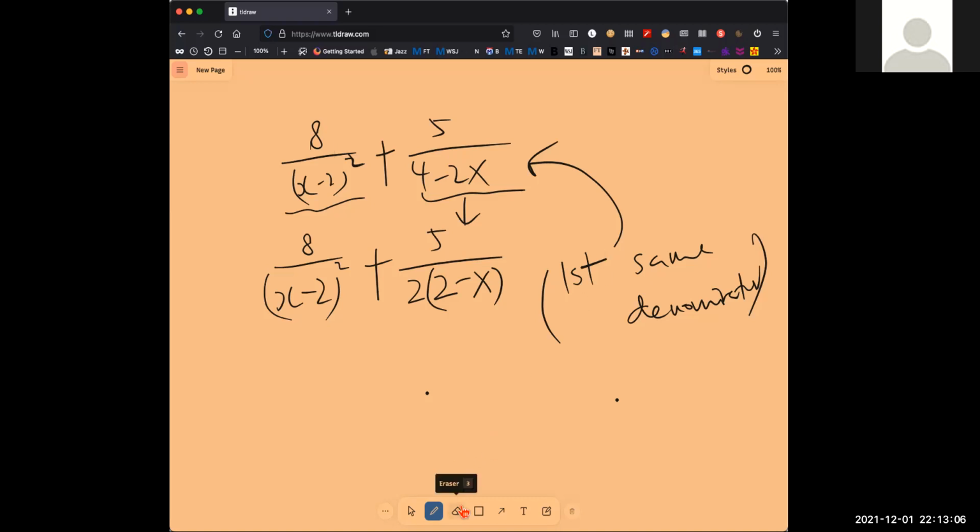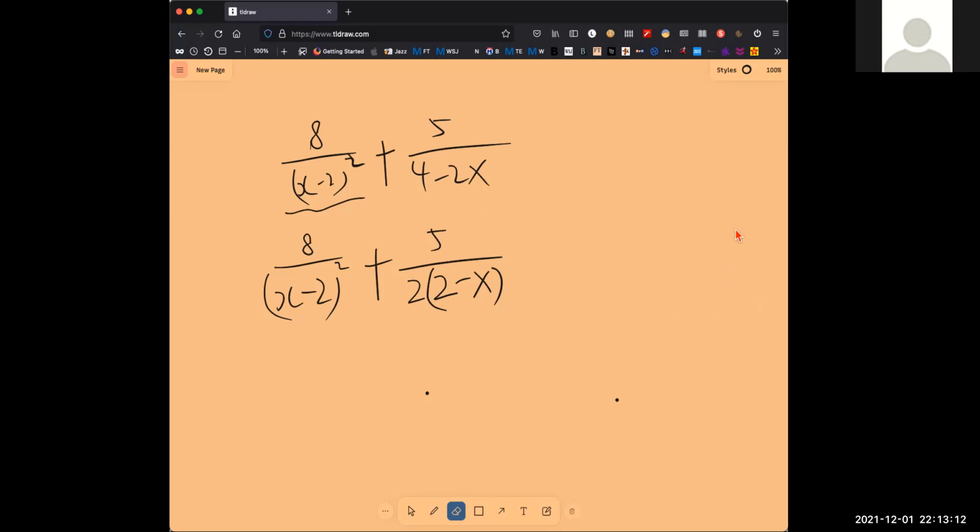When you make things simpler, what's the next step? Can you see something similar between these 2 fractions? Anything similar between these 2 fractions or not? 2 and x. Yes, they are similar, but not so similar. Similar means they both have the x and then 2.